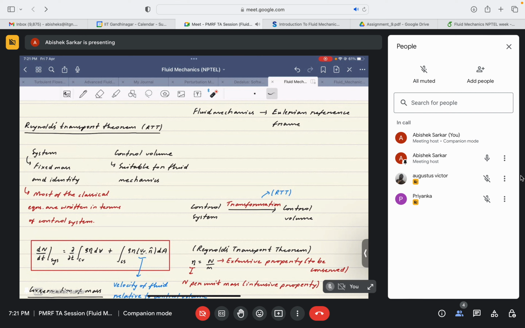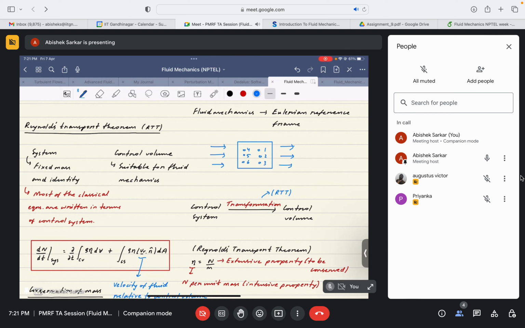It's better if I draw it. Say this is our control volume, and there is a flow from left to right. Initially, if there were particles, say 1, 2, 3, these particles may be displaced by particles 4, 5, 6 because of the flow.